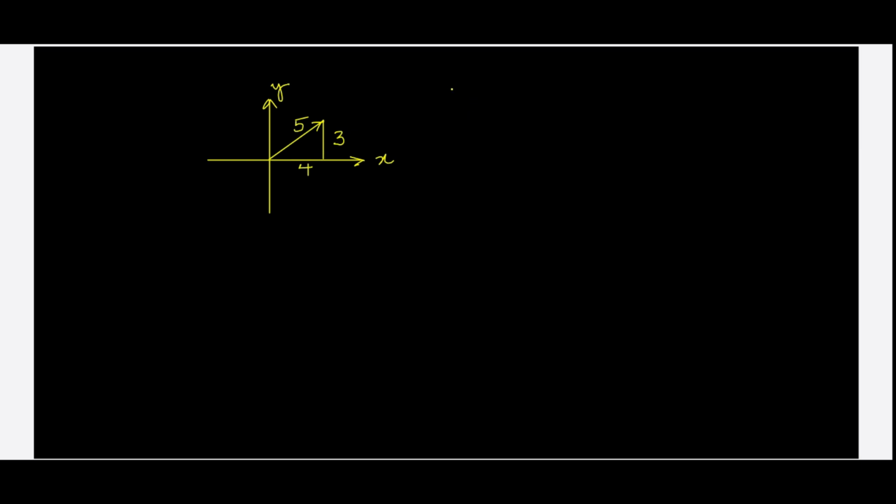Here your vector P is 4 I cap plus 3 j cap, because if you want to go from O to P, you have to go 4 units along the I direction.